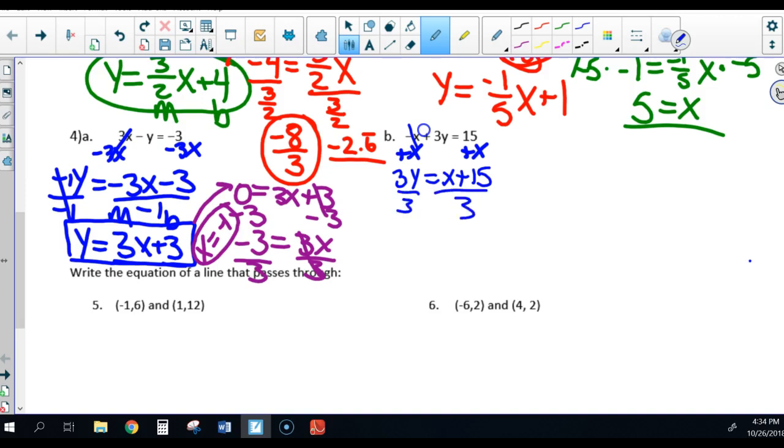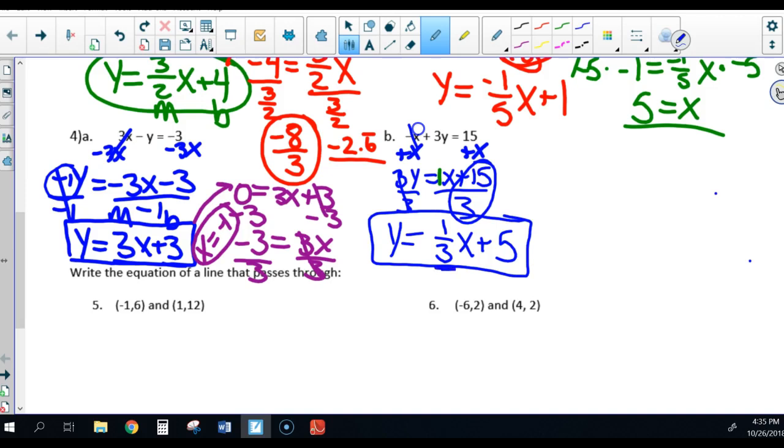Divide by 3. Got y equals this, sort of the same little issue we had over on number 4a with the negative y. This x needs a number in front. Think of that as 1x. Now I have 1/3 x plus 15 over 3 is 5.